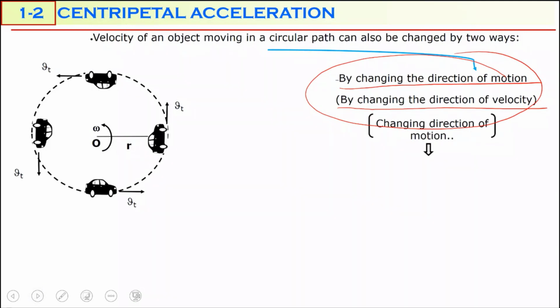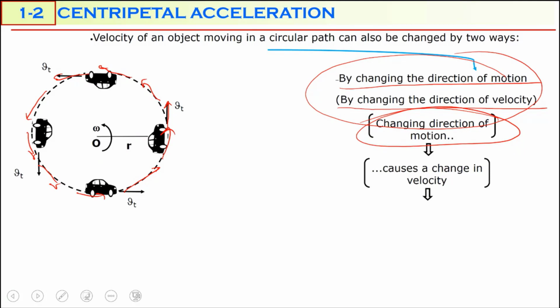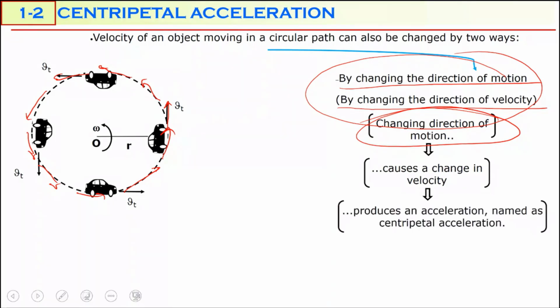Look at the continuously changing direction of the motion of this car. This continuous change in direction of motion results in a change in velocity, and this change in velocity produces an acceleration, which is named centripetal acceleration.